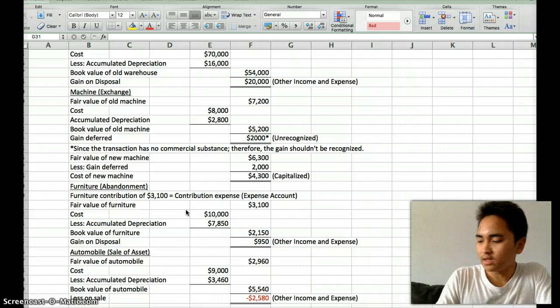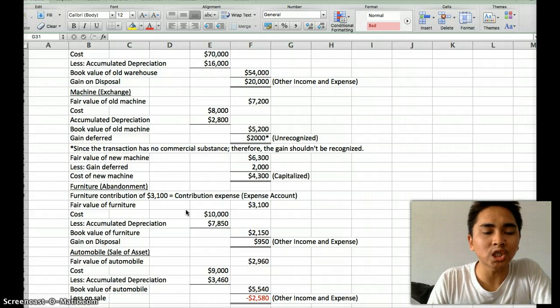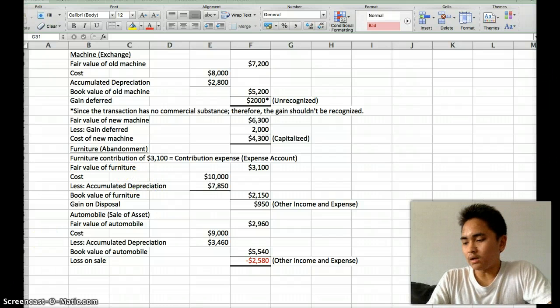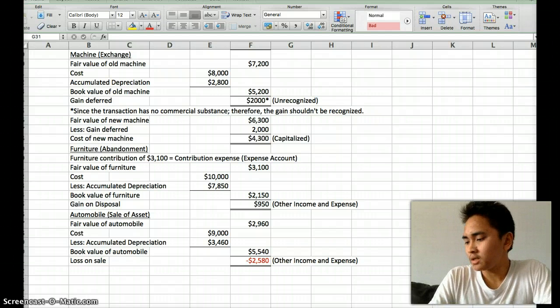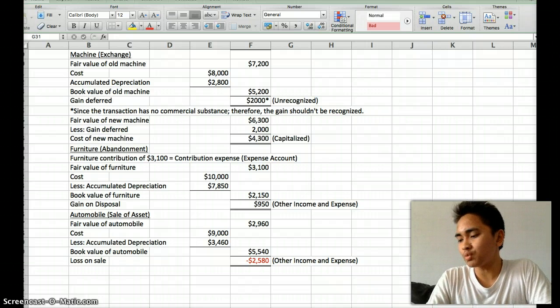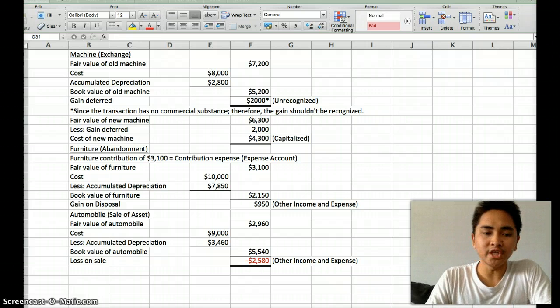The next one would be the transaction regarding the furniture. The transaction says on August 15th, furniture was contributed to a qualified charitable organization. No other contributions were made or pledged during the year.